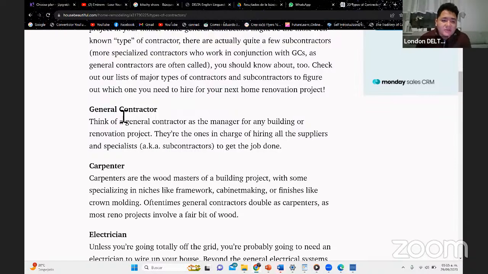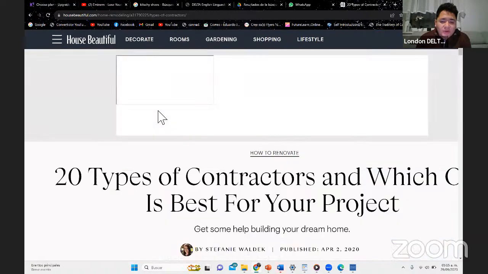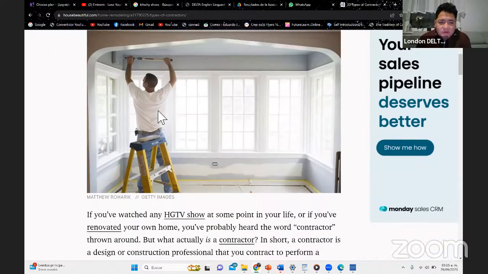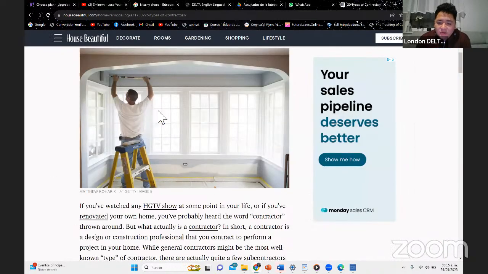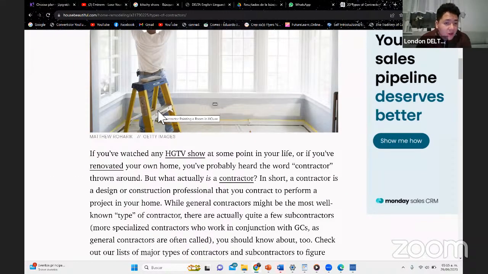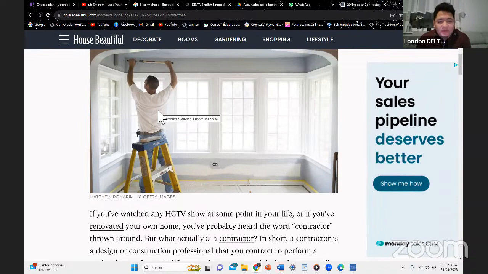So what is the meaning of contractor? I don't know if you ever heard this word. A contractor is a company or a person that does any service for another person or company.